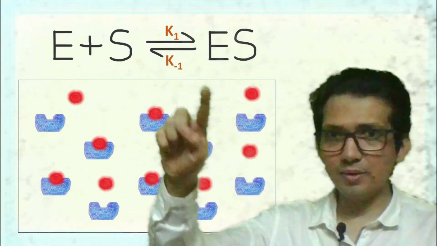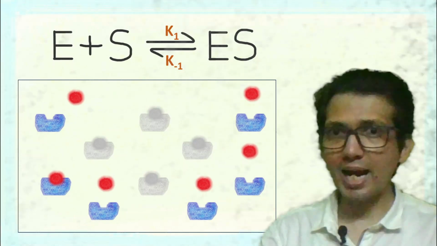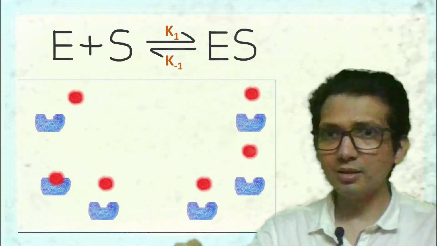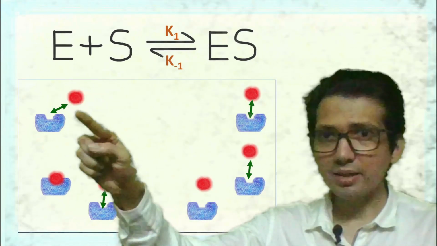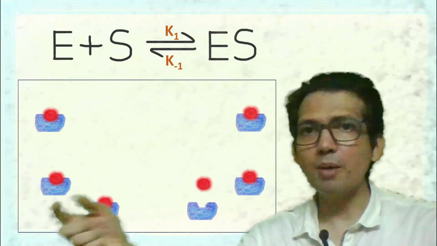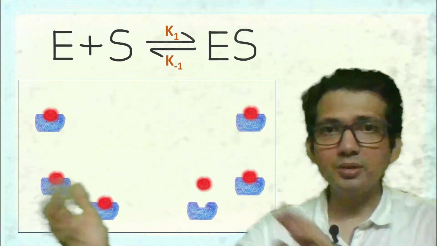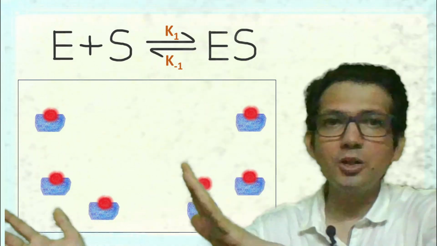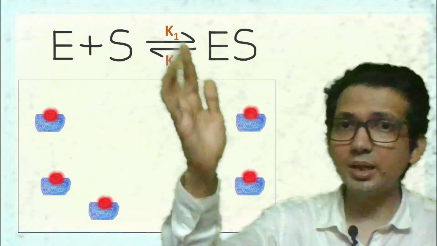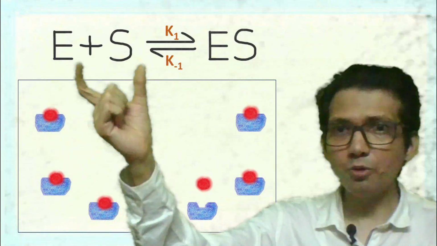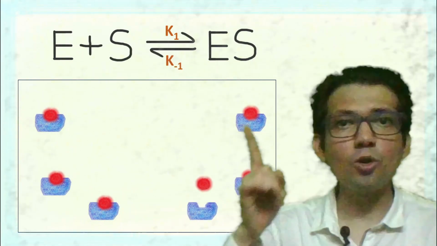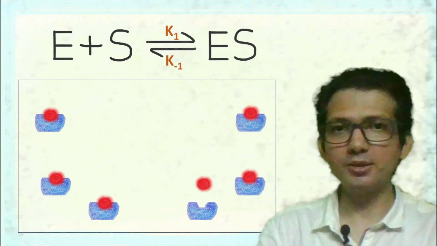So this is ES formation, and if you remove this, then the substrate is going to react with enzyme and form more ES. So this is how the system tries to restore the equilibrium. If you remove this, then these two will react to form more ES. This is what all of you should know.